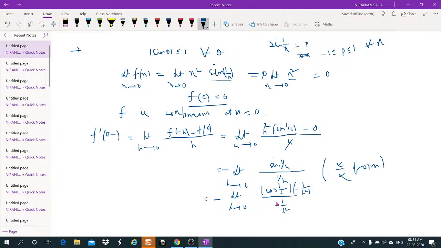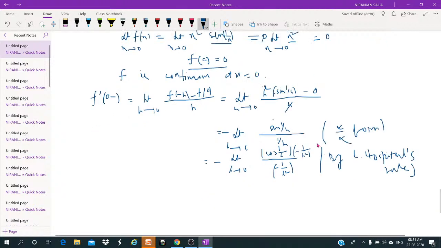Since h is not equal to 0, these terms will vanish.